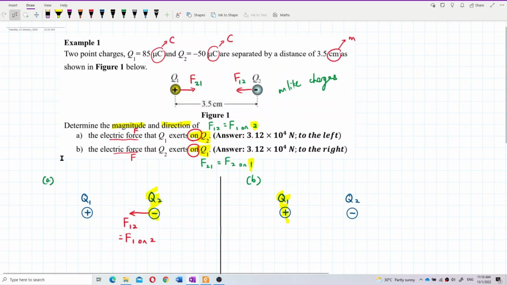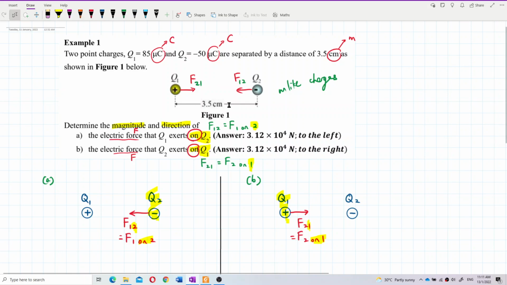For question B, it is F2 on 1, which is this one. So for question A it is on 2, and for B it is on 1.